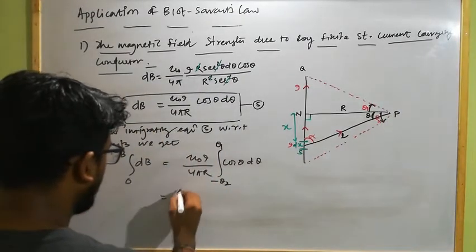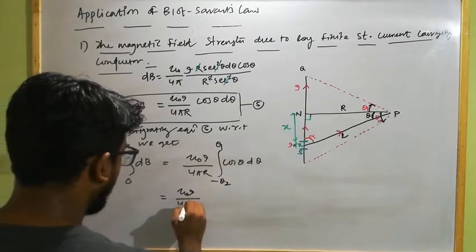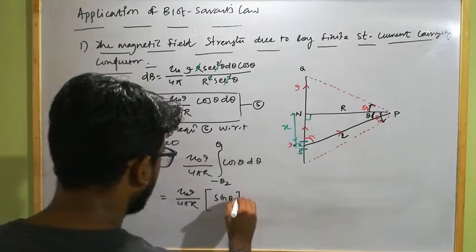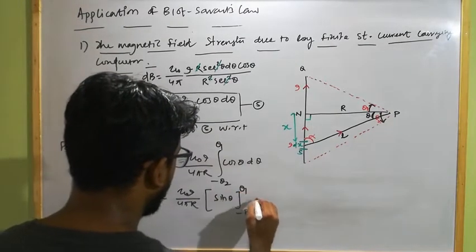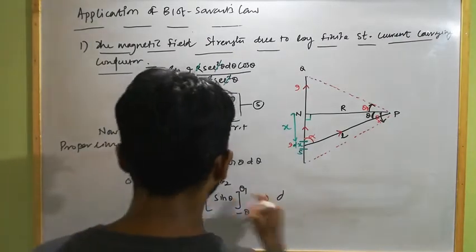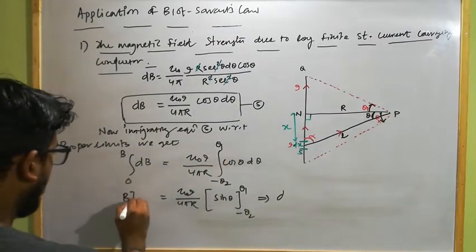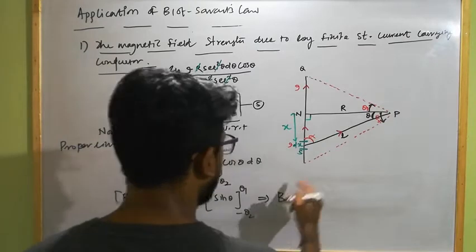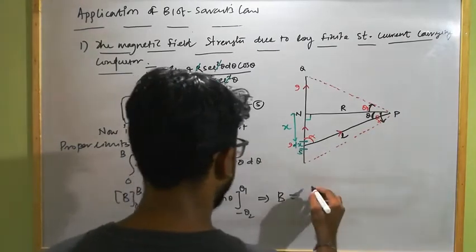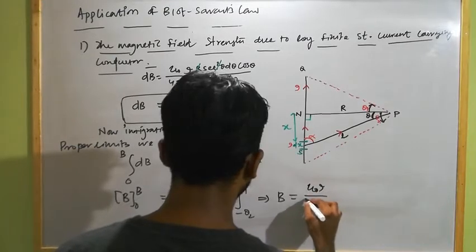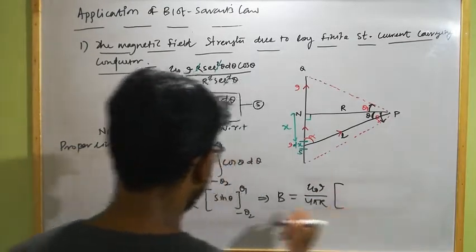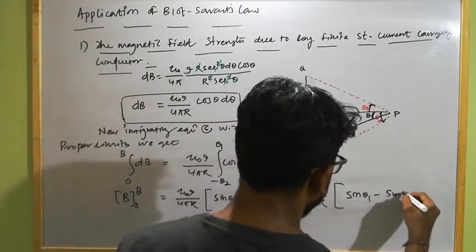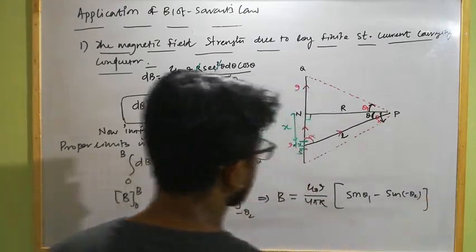So this will become mu naught I by 4 pi r, integration of cos theta d theta, which is sin theta, varying from minus theta 2 to theta 1. So B, the net magnetic field strength at P, equals mu naught I divided by 4 pi r, within the bracket sin theta 1, the upper limit, minus the lower limit, sin of minus theta 2, and we know sin of minus theta equals minus sin theta.